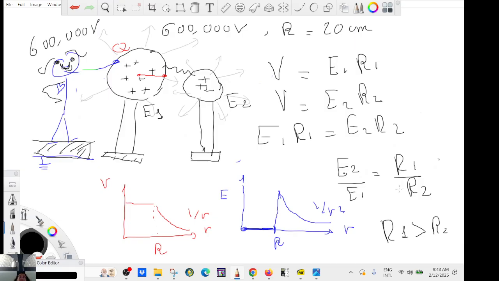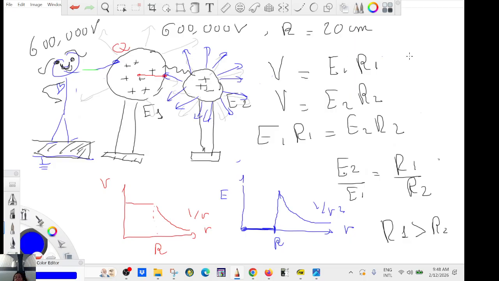Because you see it's inverse. E2, very good. So it means that when you are charging a conductor, the sharp curve, the one with the smaller radius, has more electric field.